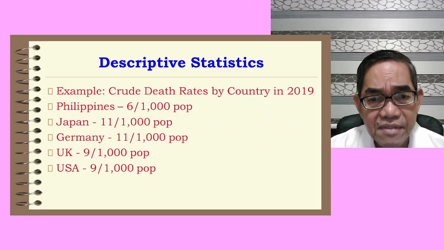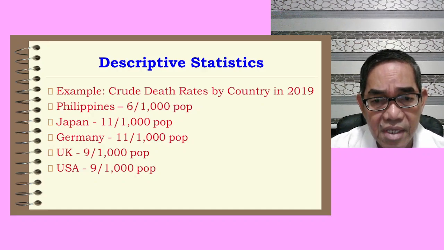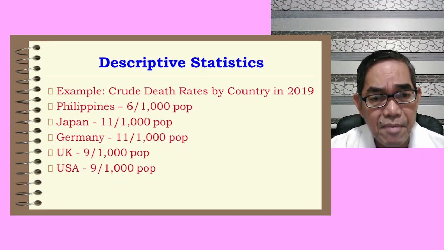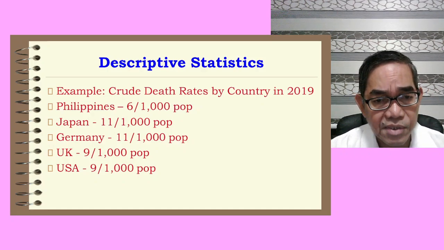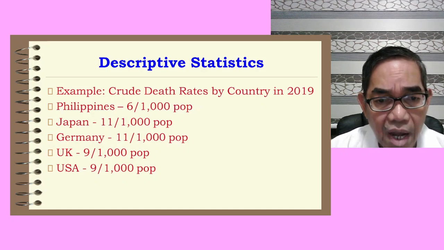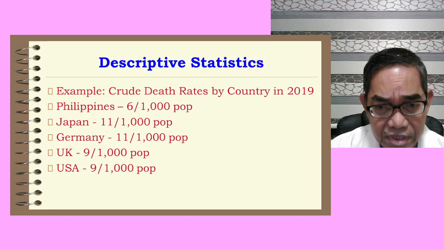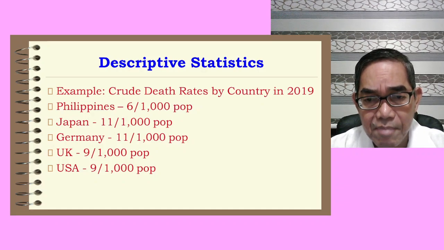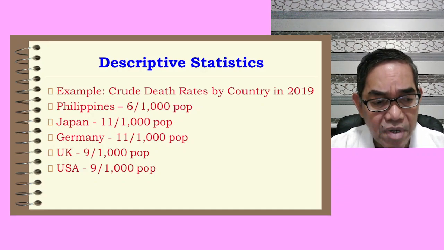The crude death rate by country in 2019 in the Philippines is 6 per 1,000 population, meaning there are 6 people who died in 2019 per 1,000 population.